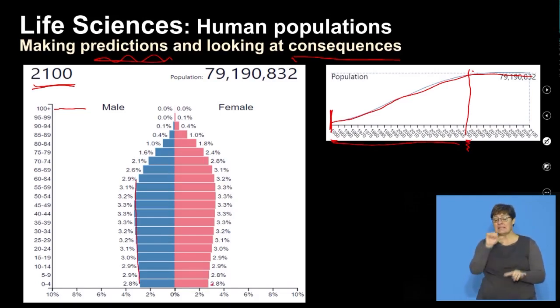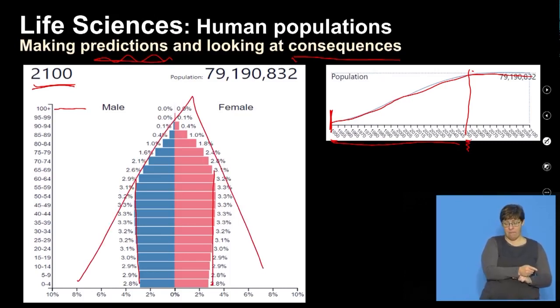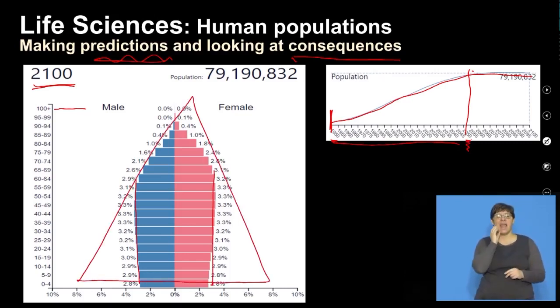They predict that from moving from that typical age pyramid of an expanding population, we're going to be moving towards a more stationary population growth.